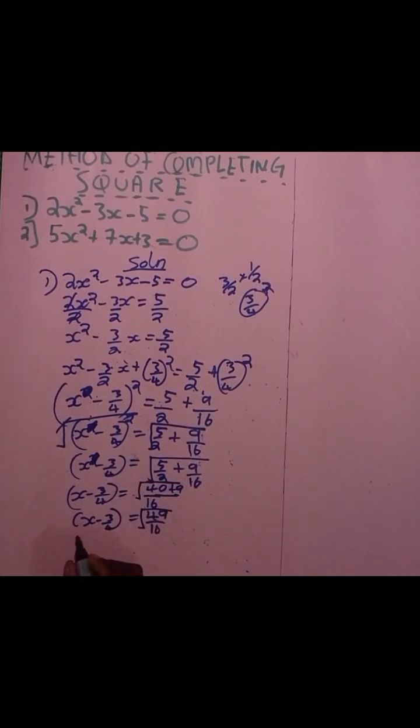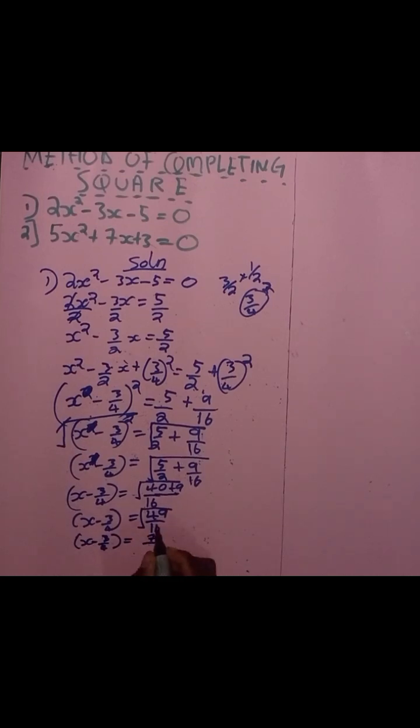So therefore x minus 3 over 4 is equal to the square root of 49 over 16. We are having 7 over 4. And don't forget, we are having plus or minus in here.